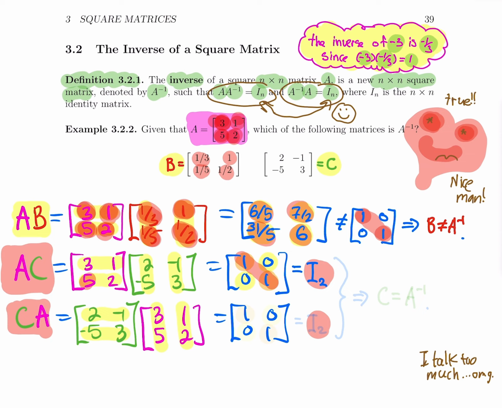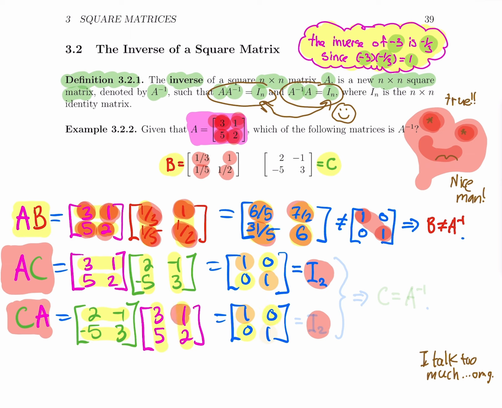So if you do it again in the other order, now I'm multiplying C first by A. So I'm circling the rows of C and the columns of A. And if I do my multiplication again, 2 times 3 plus minus 1 times 5, yes, I get my 1. And then for the second row, 3 times minus 5 plus 3 times 5, that's minus 15 plus 15, boom, is 0. I move to the next column, 1 times 2 plus minus 1 times 2, that's 0.